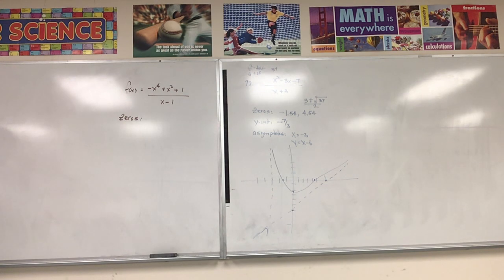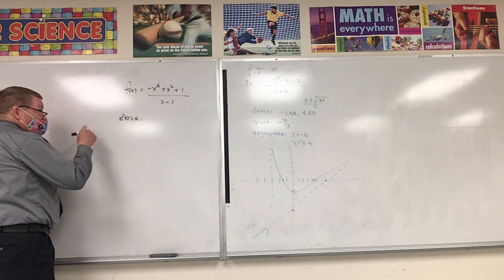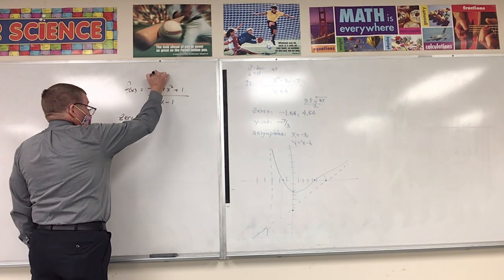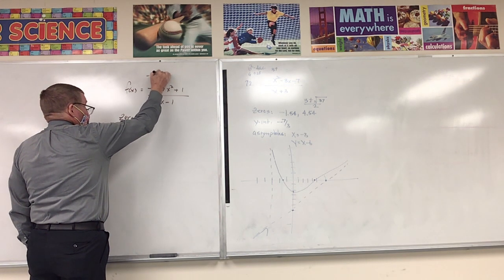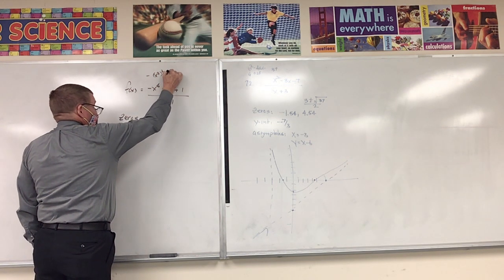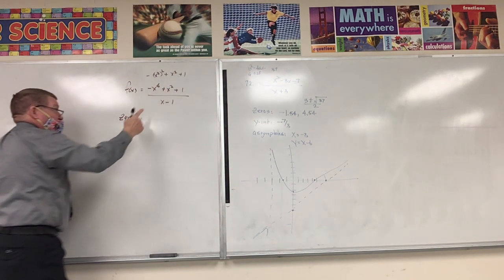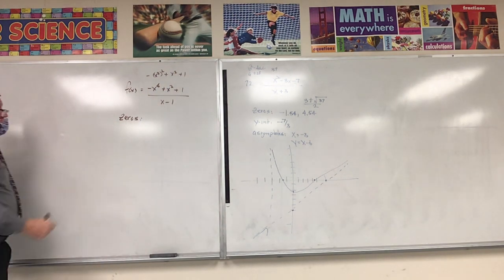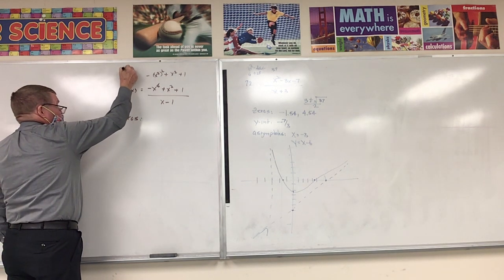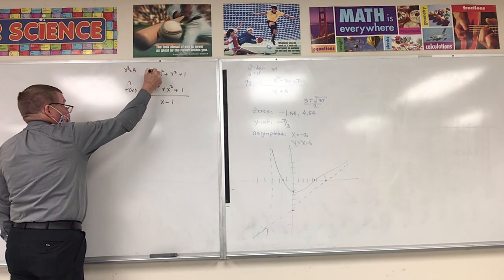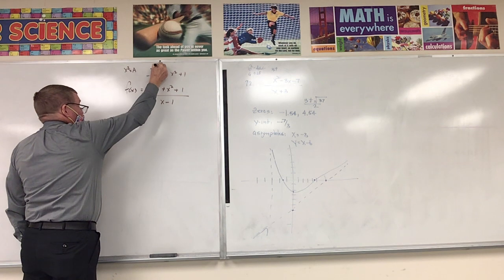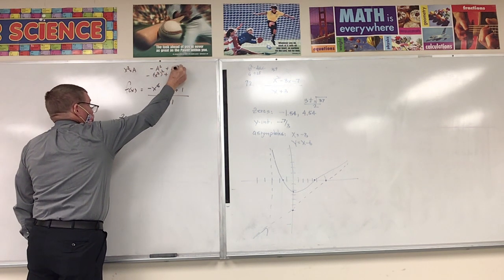Or we could use the quadratic formula. If we change this to negative x squared squared plus x squared plus 1, we can say that x squared equals a. So that would be negative a squared plus a plus 1.